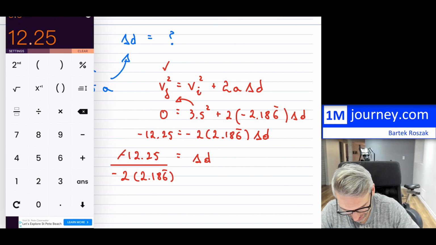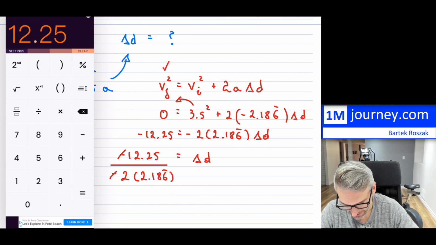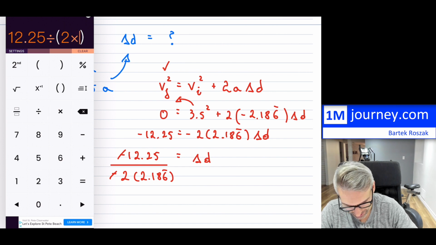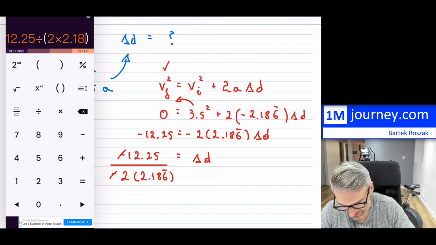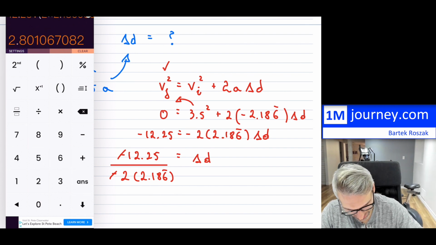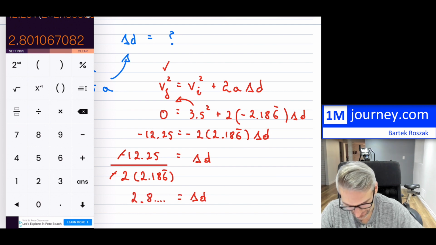The negatives will cancel, and we have our answer: 12.25 divided by 2 times 2.186 and a bunch of 6s. And there we have it. My displacement is approximately 2.8, etc.